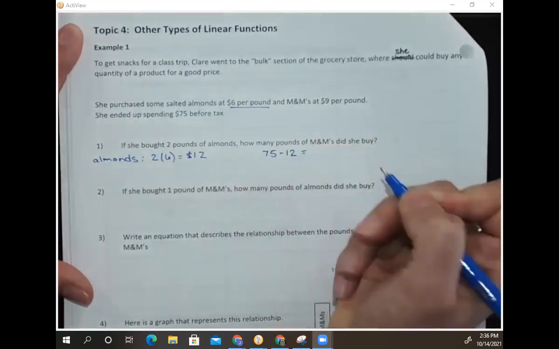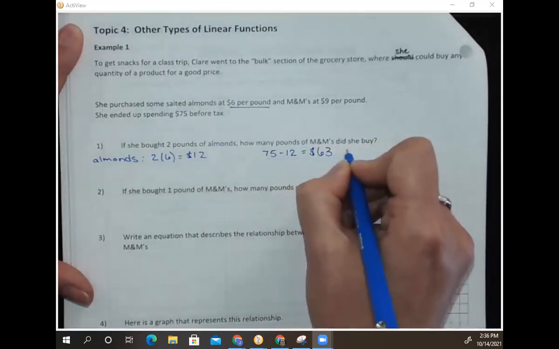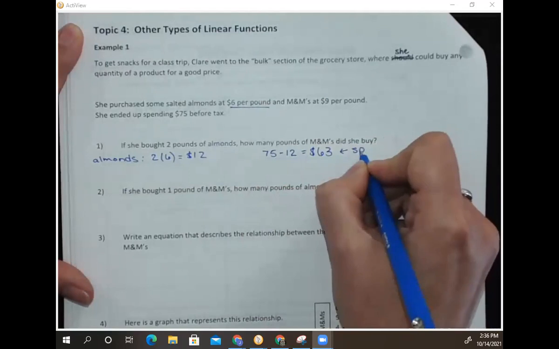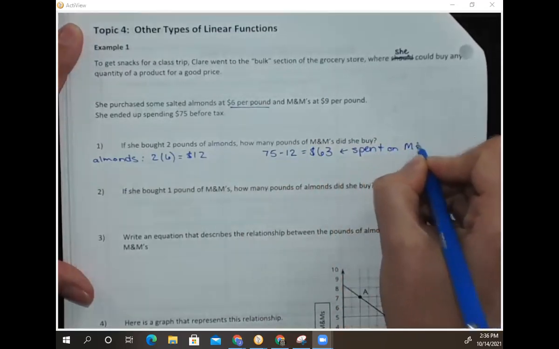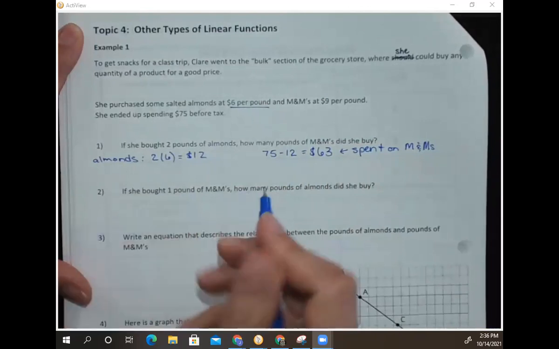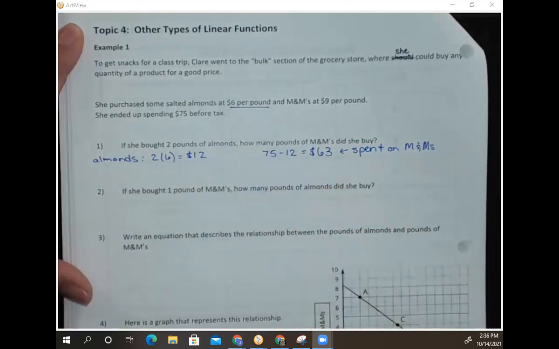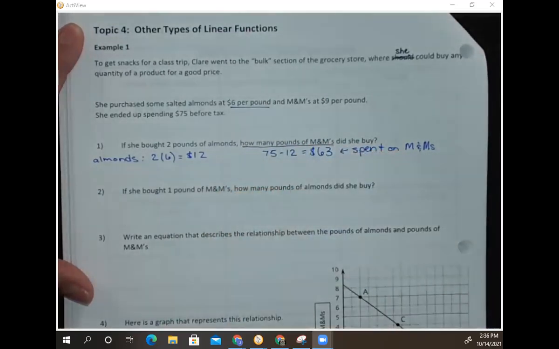So if I subtract off the almond money, that would give me $63 that we spent on M&Ms. Okay, $63 that we spent on M&Ms. Now, I don't want to know how much money I spent on M&Ms. What I want to know is how many pounds of M&Ms did she buy?